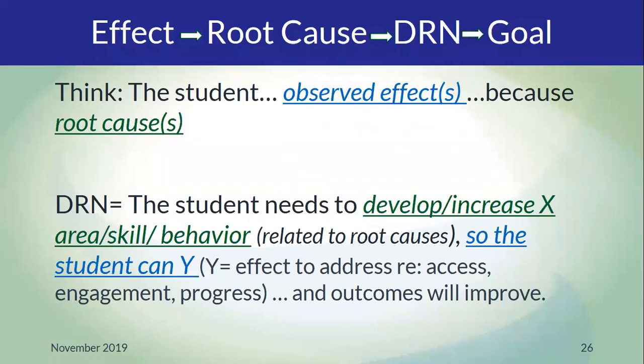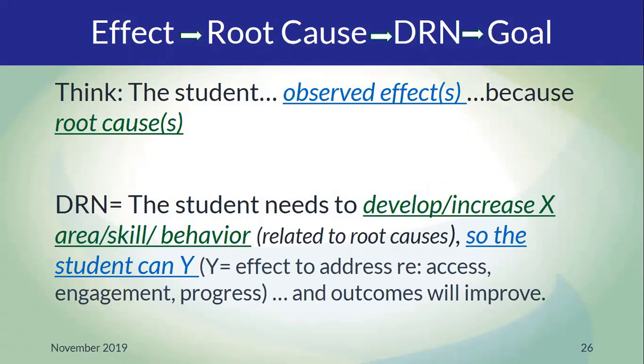So our sentence stem for how we think about this is the student does X, Y, or Z. These are the things that we can see because of certain root causes, and the root causes are the things that are about the nature of the student's disability. The disability-related need then goes to say that the student needs to develop or increase an area, a skill, a behavior, which relates to the root causes that are inherently related to that child's disability-related need.